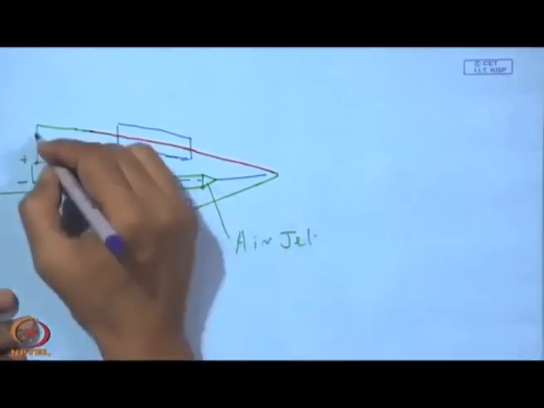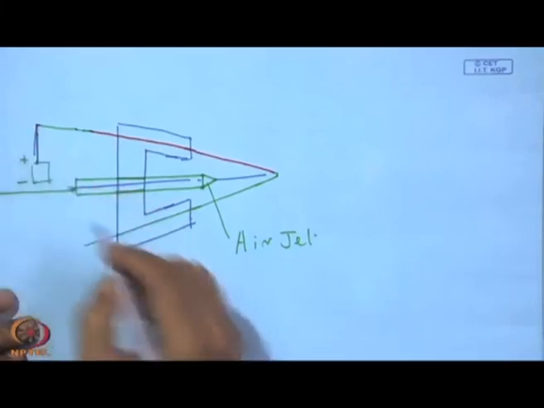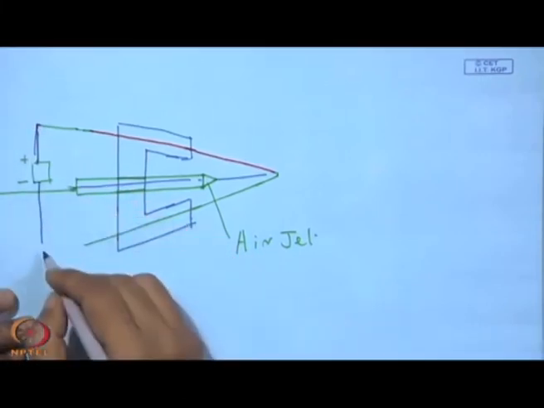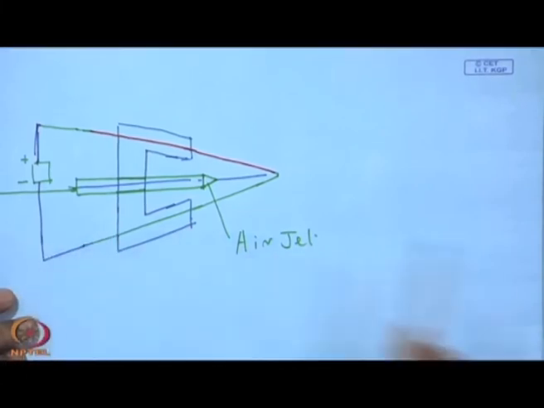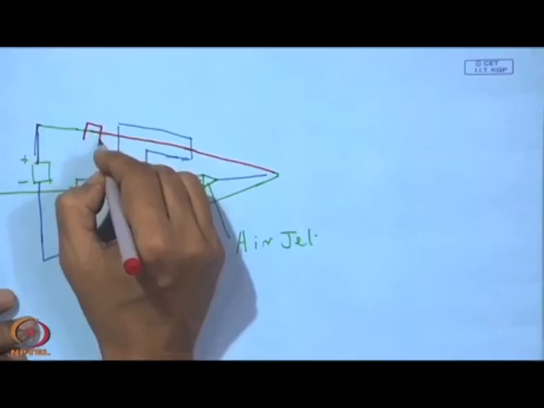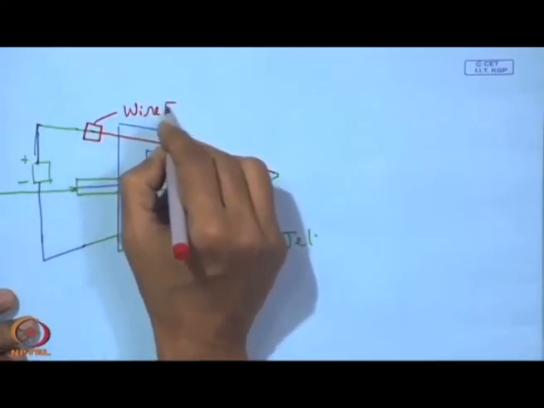So, this is going to be the negative polarity of this wire and this is going to be the positive polarity of this wire. And here we have the wire feeding arrangement, the wire feeder.